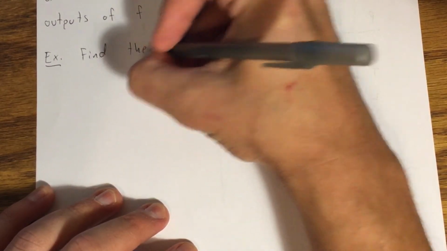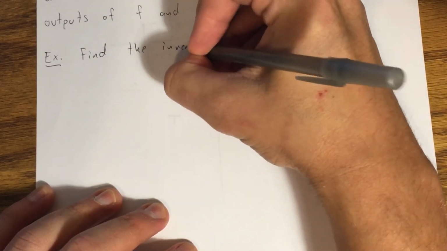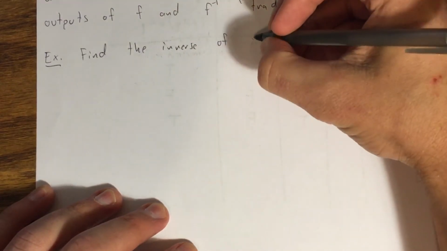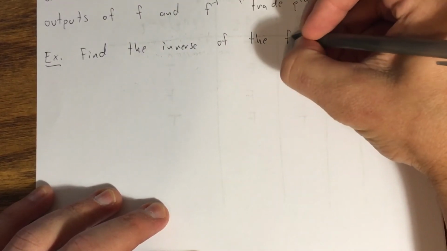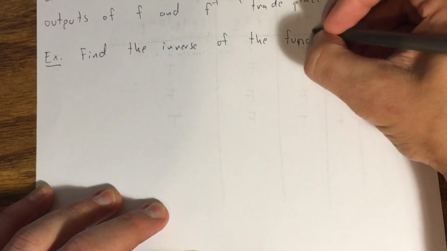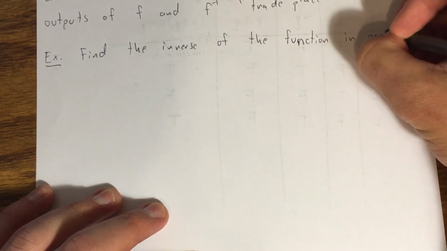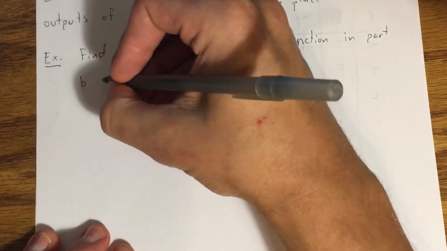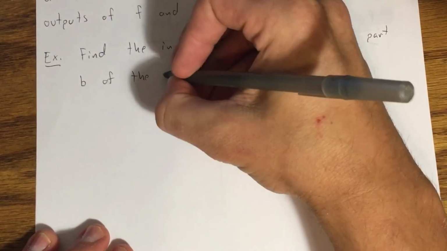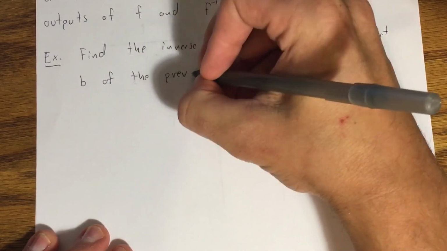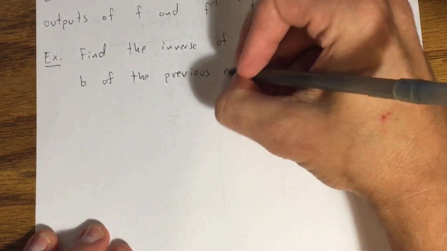Find the inverse of the function in part B of the previous example.